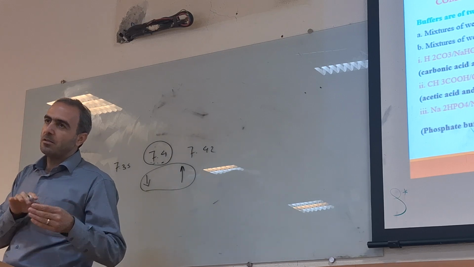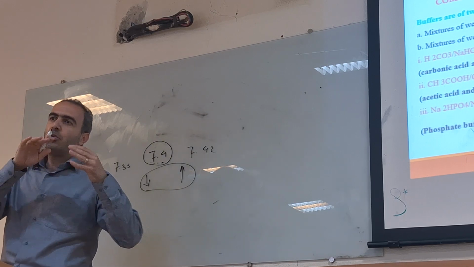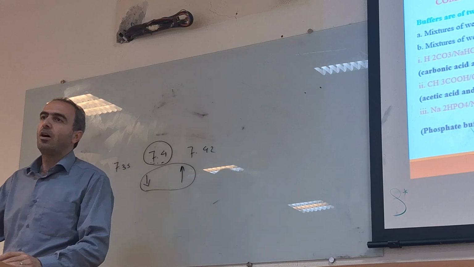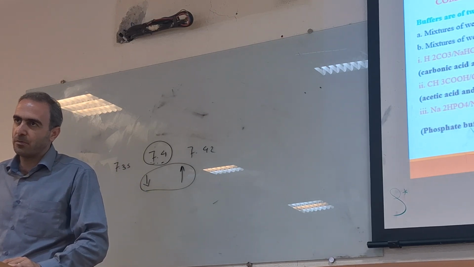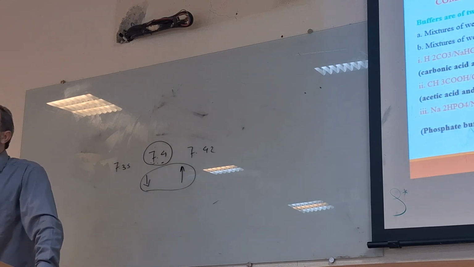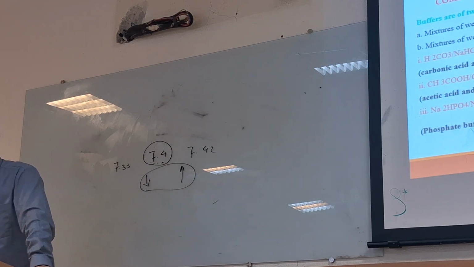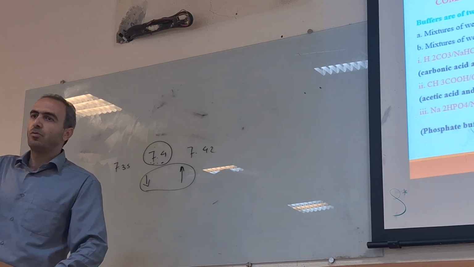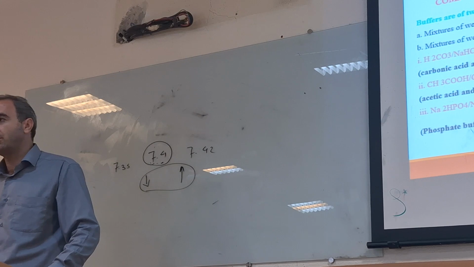And otherwise, sometimes we use these acids up and increase the pH and lead to alkalization of the plasma. In both situations, our body has a lot of regulation to maintain the pH, to return the pH to the normal value.